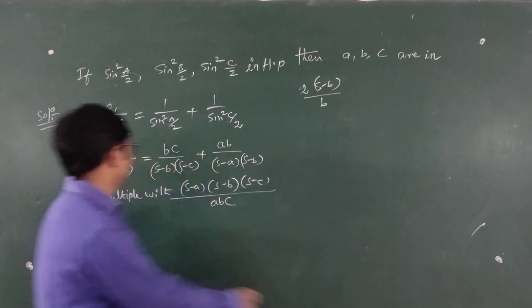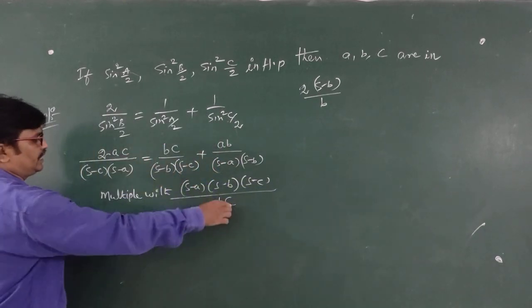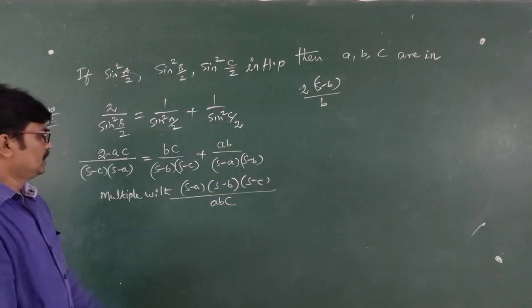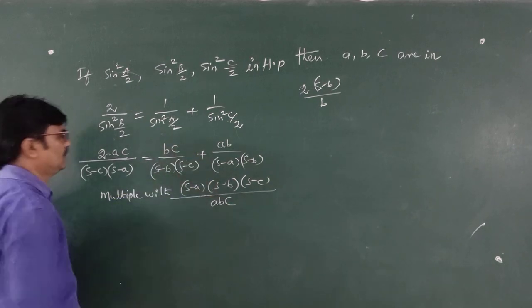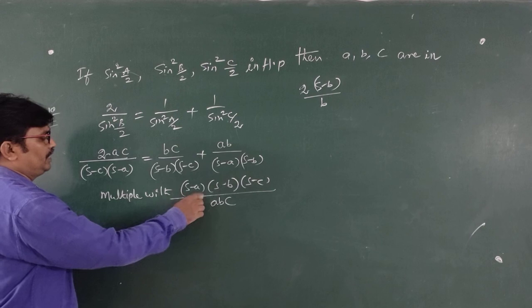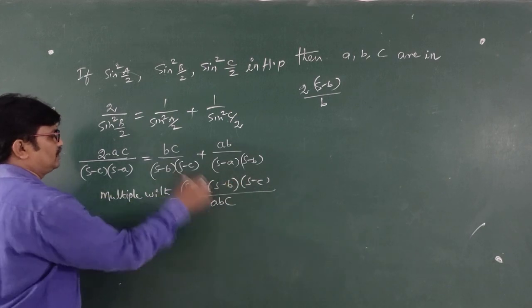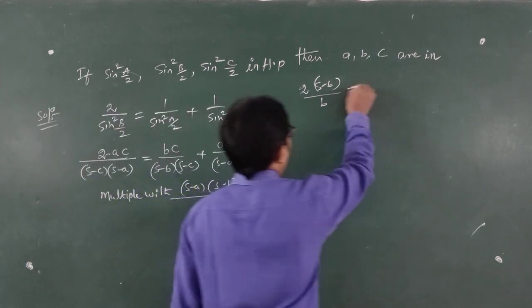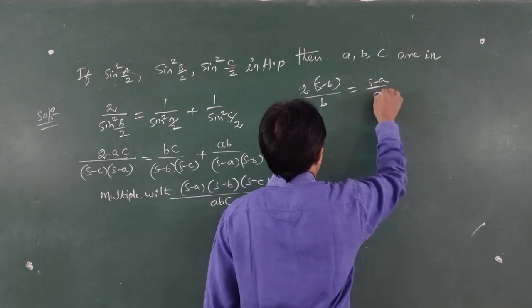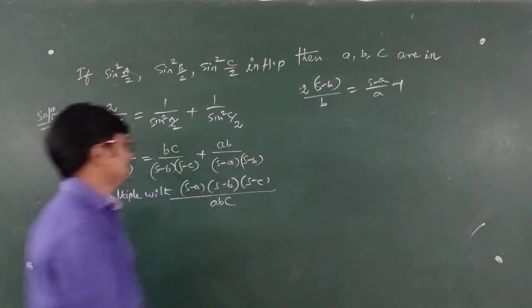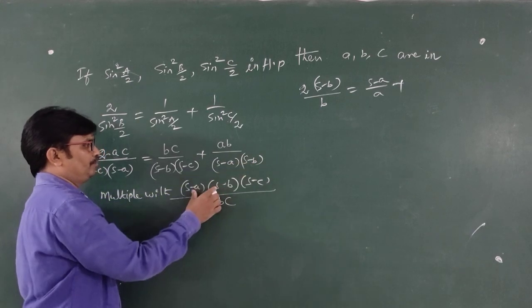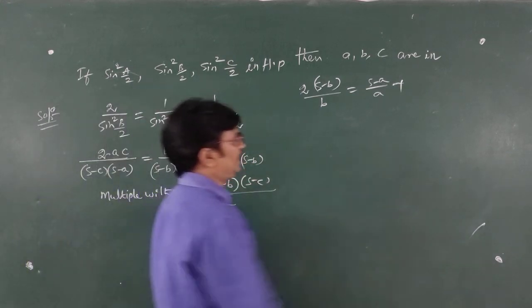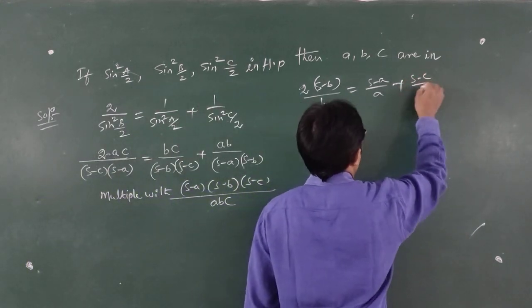Similarly bc cancels, and we can take it as (s minus a) by a. Similarly (s minus a)(s minus b) cancel, and we get (s minus c) by c.